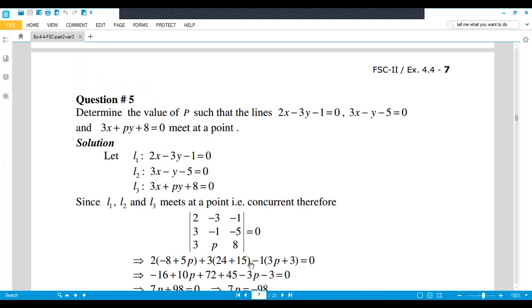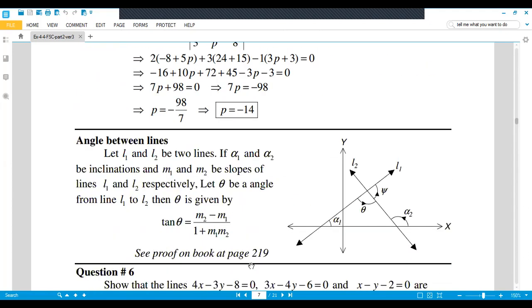Now, before starting question number 6, we have the angle between lines. If two lines are given and you want to find the angle between these two lines, then tan theta will be equal to (m2 minus m1) divided by (1 plus m1 m2), where m1 and m2 are the slopes of L1 and L2.